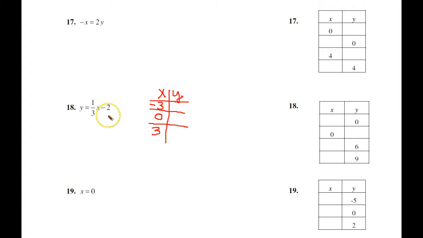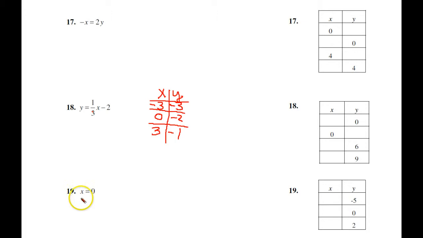You might say, why? Well, because you want to choose terms for X that are multiples of 3, so they would cancel out nicely. So when X is a negative 3, this becomes a negative 1, so this is negative 3. When X is 0, this will just become a negative 2. And when X is a 3, the 3's cancel out. This is a positive 1. Minus 2 gives you a negative 1. And again, that's the exception.